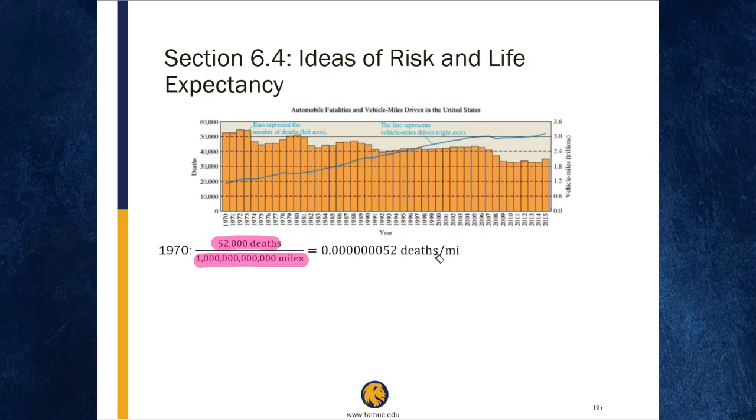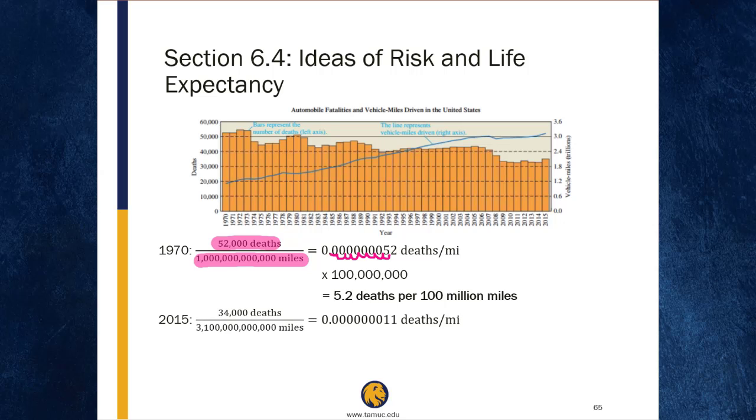This is a hard number to read, so I'm going to multiply it by 100 million. That changes it into 5.2. In essence, we've moved the decimal point back to behind the 5, at 5.2. So that means 5.2 deaths per 100 million miles driven.